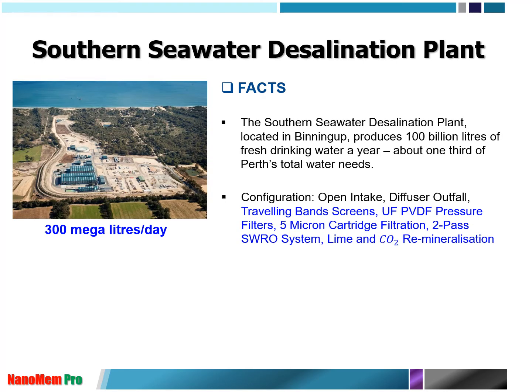Near around 100 kilometers away, the Southern Seawater Desalination Plant is located. This plant uses ultrafiltration and SWRO, lime and CO2 remineralization, and produces around 300 megaliters per day.